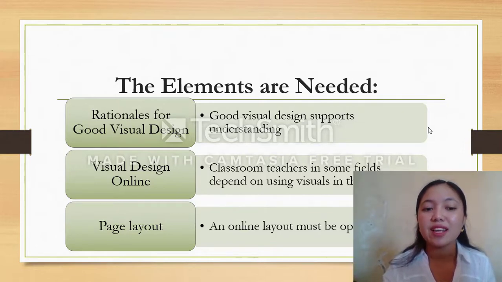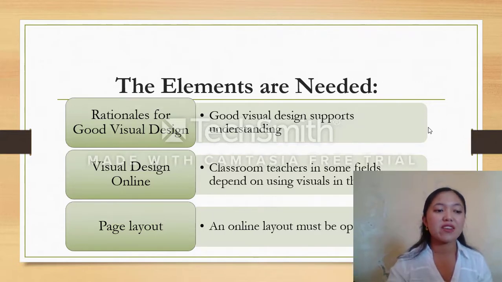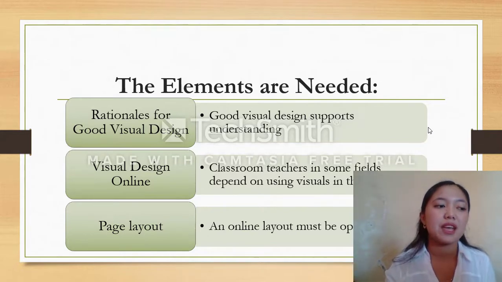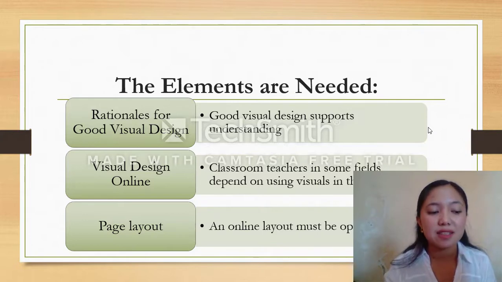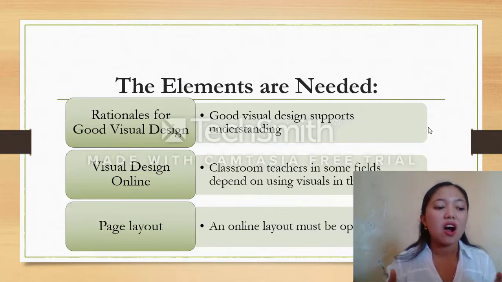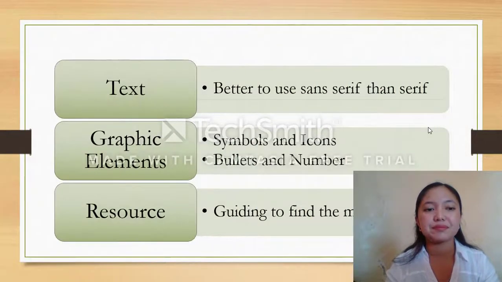Visual design online: classroom teachers in some fields depend on using visuals in the classroom. And the next element is page layout. Page layout refers to the arrangement of text, images, and other objects on a page. An online layout must be open.